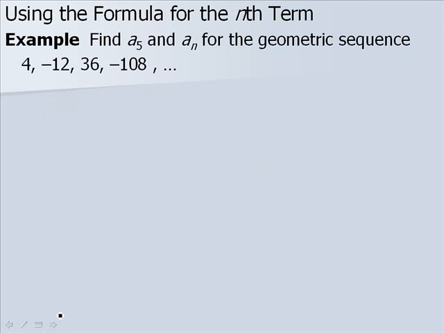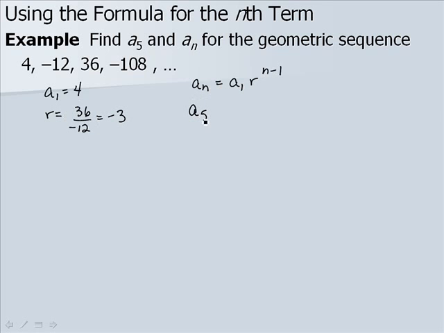In this example, we want to find a5 and an for the geometric sequence that's given. Here a1 is equal to 4 and r is equal to 36 divided by negative 12, or negative 3. So in our formula we have an is equal to a1 times r to the n minus 1.